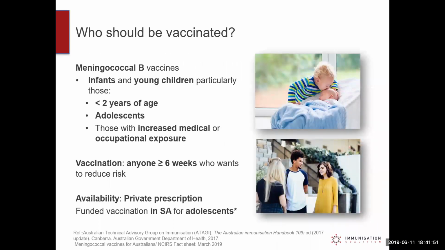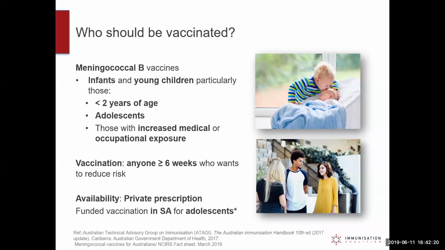So with our meningococcal B vaccines, we've already identified that young children, young babies are particularly in the highest risk category. But it's not a funded vaccine. Always talk to parents around non-funded vaccines and the importance of them, as well as the importance of the NIP-funded vaccines.